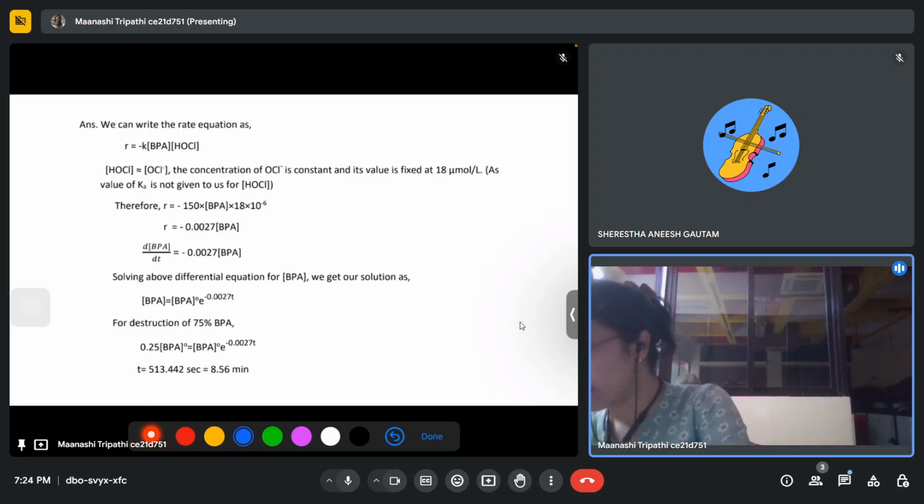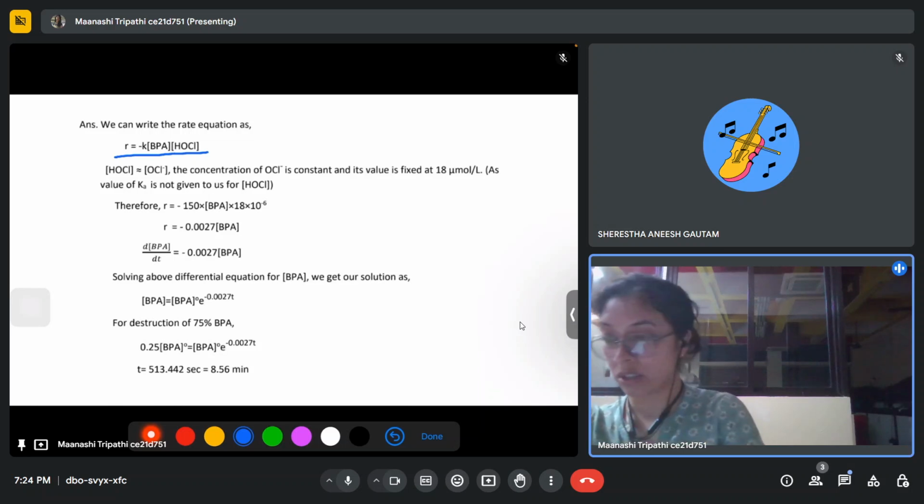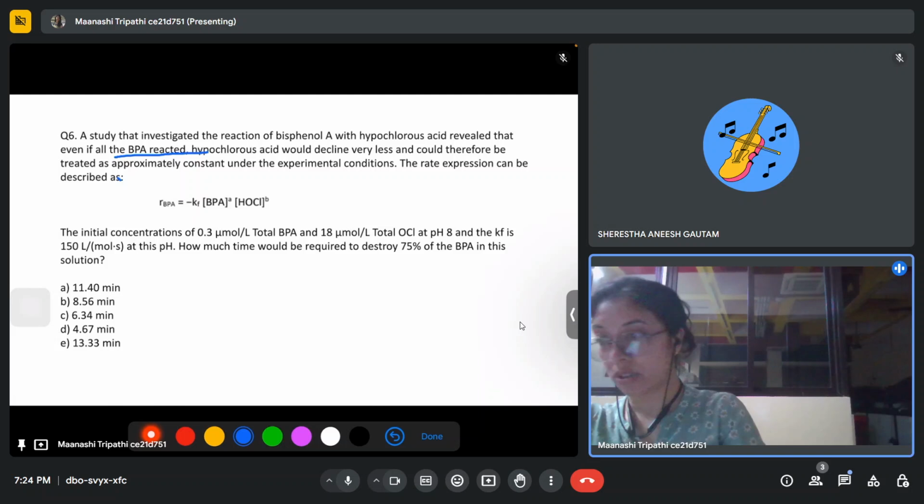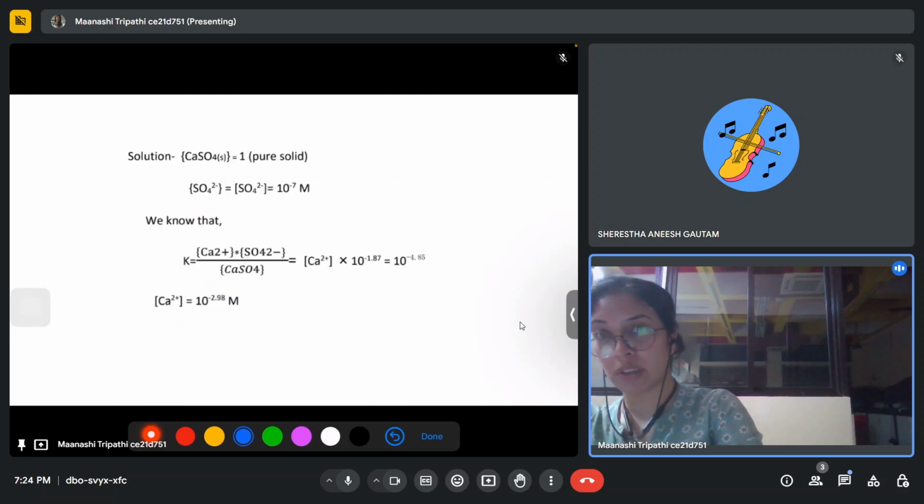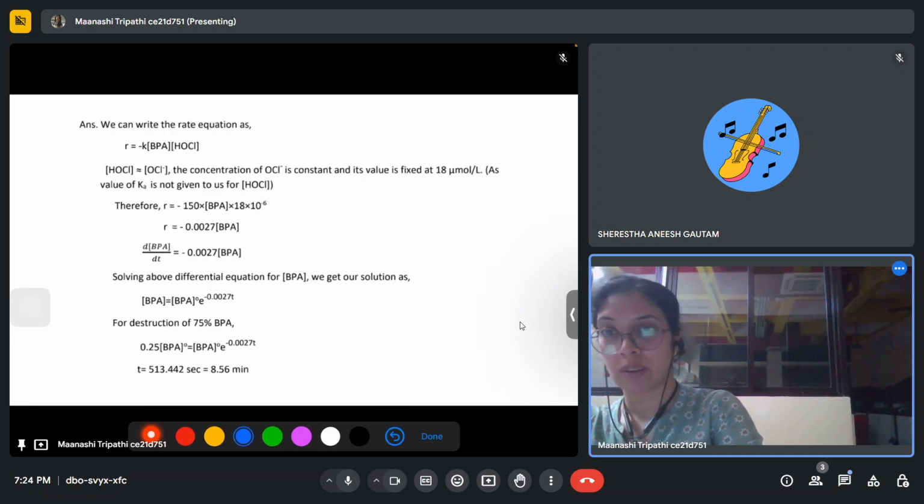So R is equal to minus K BPA HOCl. Since the concentration of HOCl is constant, that is why, because in this reaction I gave you the reaction, right?